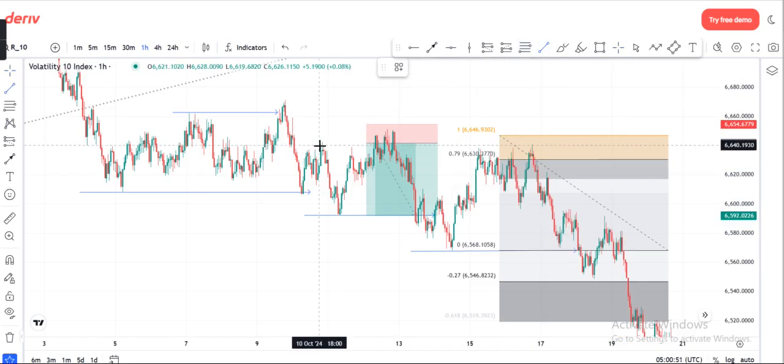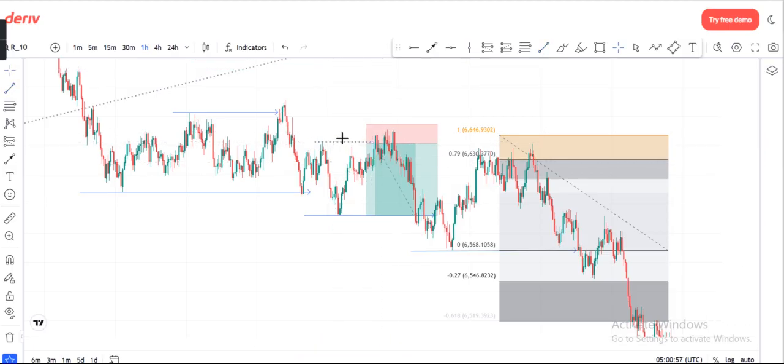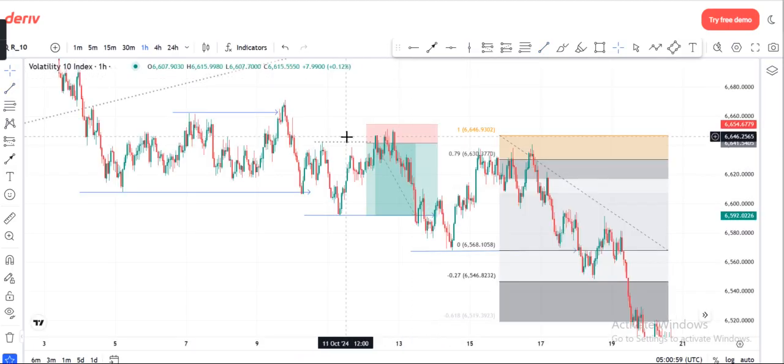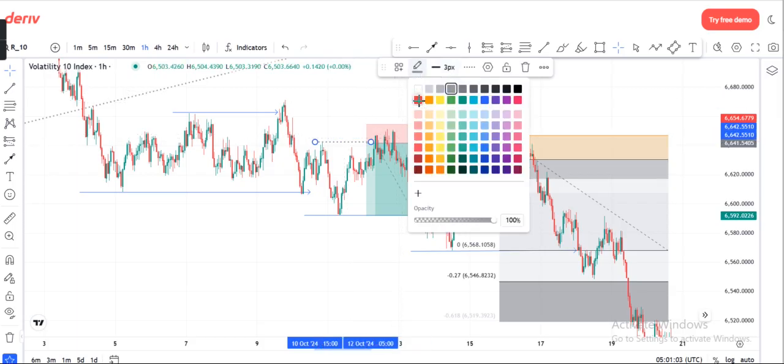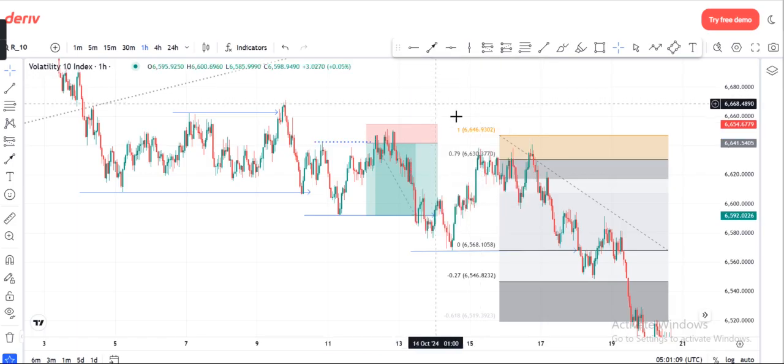We can clearly see the market give us another liquidity grab taking place here. Now I think you might not be able to see this properly. Let me change the color to something obvious. Let's see, blue is okay.